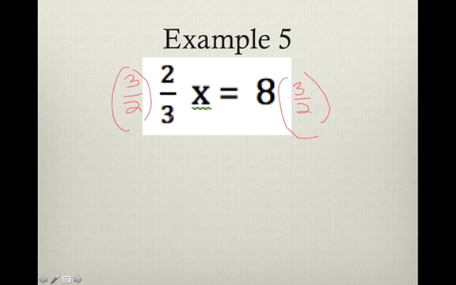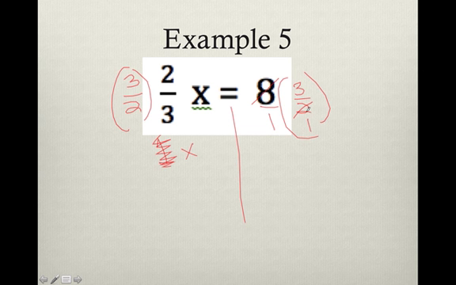So 3/2 times 2/3 gives me 1x. Again, we don't show the 1, so that normally is not there. Over here I have 8 times 3/2, two ways to deal with it. 8 times 3 divided by 1 times 2. Or you could notice that on the bottom and the top we have factors that are the same.